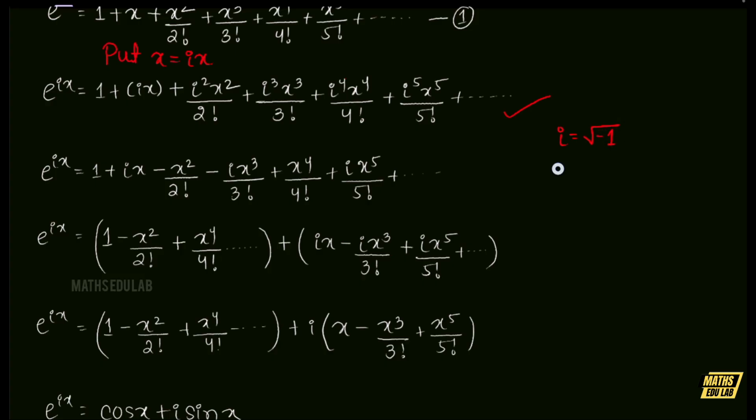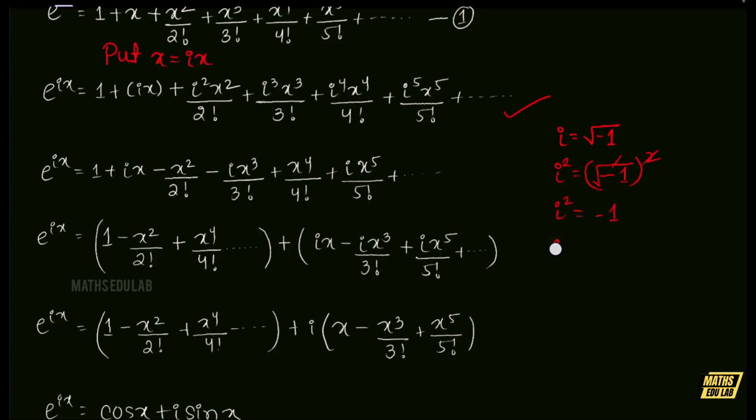Similarly, for iota square, I can write it as iota into iota, which is equal to root over minus 1 into root over minus 1, or simply the square of root over minus 1. On cancelling out, I got the value of iota square as minus 1.